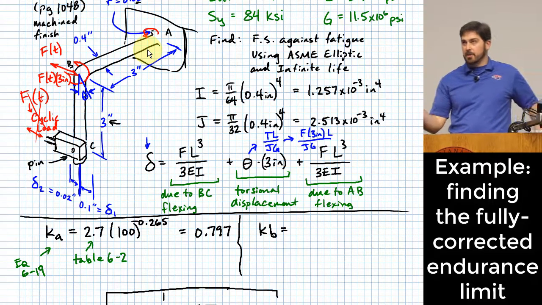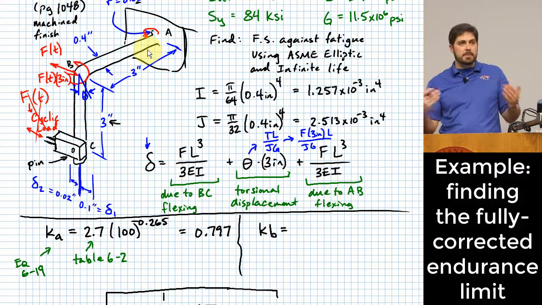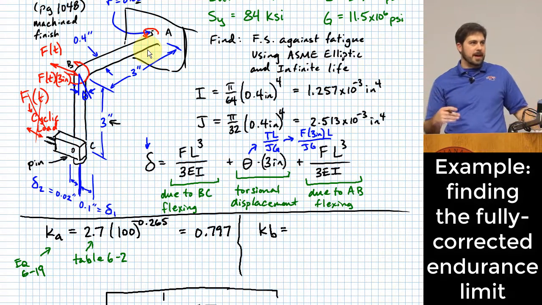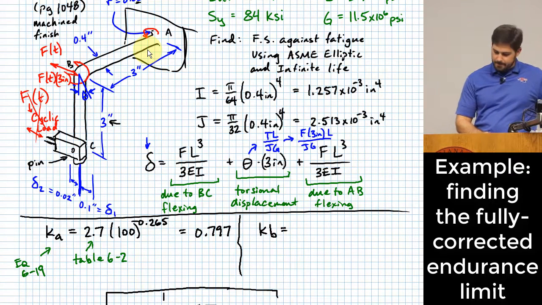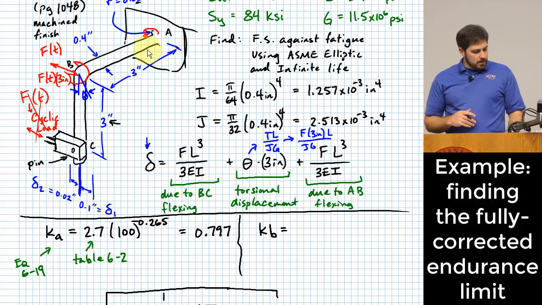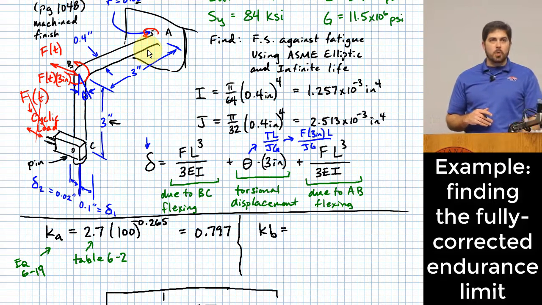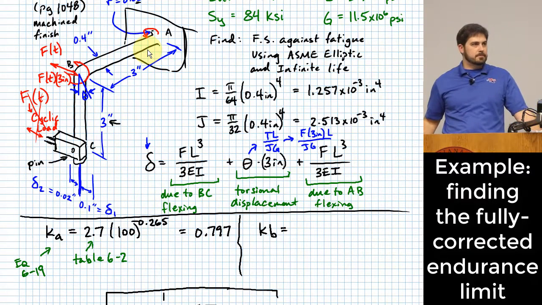Do we need to account for the idea of non-rotating bending, or do we not need to account for that? What do you think? Well, here's a question. Which is worse? Which of them is more conservative or less conservative?